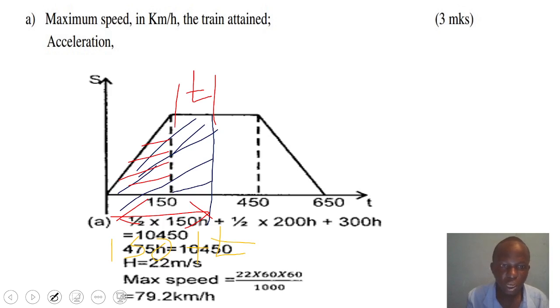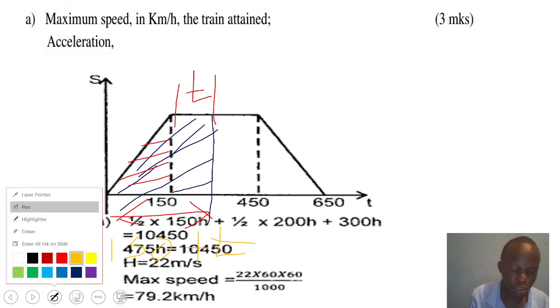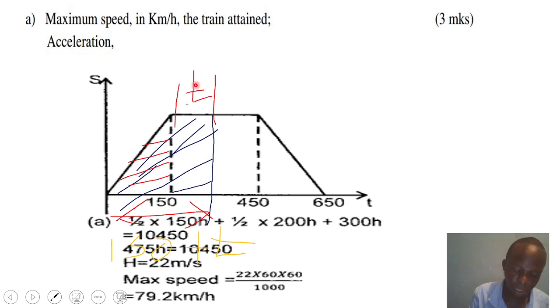You're going to use a half (a plus b) times height. Now let us go to the solution and see what is happening. Just note this before we go to the solutions. This will be our a, and all of this will be our b, and our height is going to be 22.